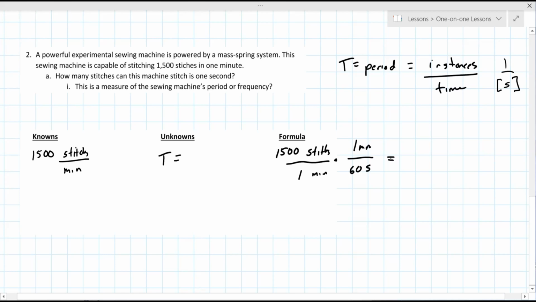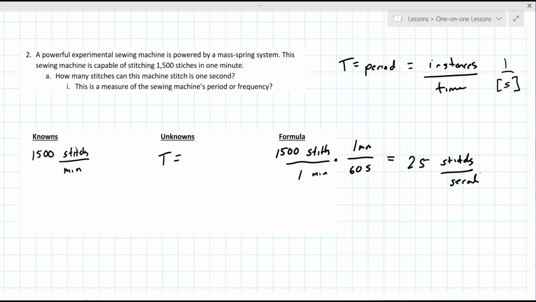True. So 1,500 divided by 60 is 25 stitches per second. And that's your period.